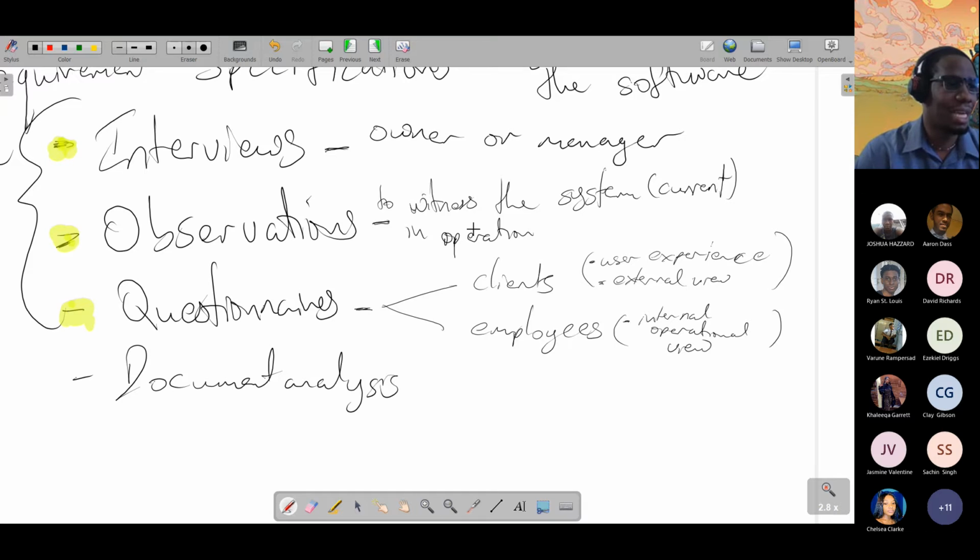Or a client might not be privy to how their data is handled on the inside, or how a request is handled on the inside, okay?